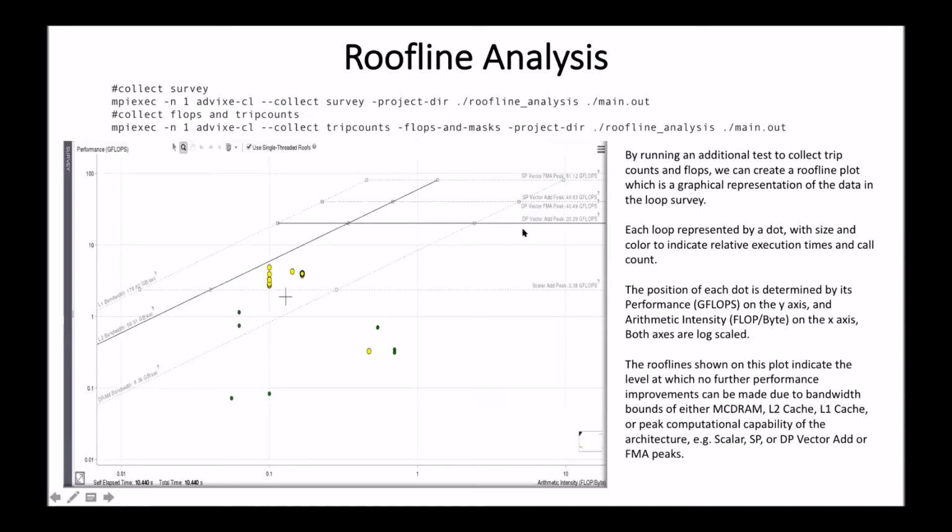And then we have where we've reached peak computational capability of the architecture. We have here scalar add peak roof, double precision vector add peak, double precision vector fused multiply add, and single precision vector add peak are there on top of each other. And then the top performance would be achieved with a single precision vector fused multiply add.